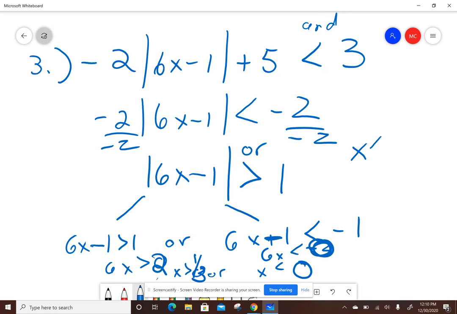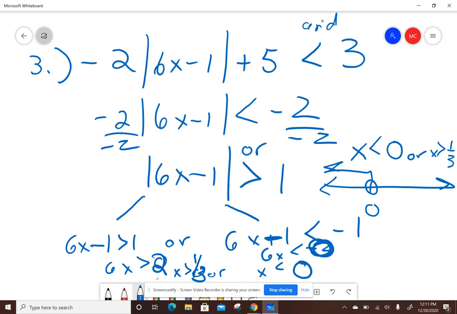The final answer is x is less than 0, or x is greater than 1/3, which basically includes most numbers. So less than 0 is that way, greater than 1/3 is that way. Okay, so sorry about that. I got that wrong at the beginning. X is greater than 1/3, or x is less than 0.